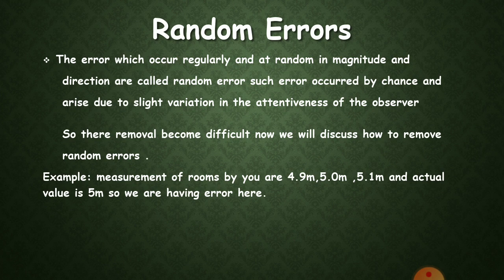Random error. The errors which occur irregularly and at random in magnitude and direction are called random errors. Such errors occur by chance and arise due to slight variation in the attentiveness of the observer while taking the reading or because of slight variation in the experimental conditions.